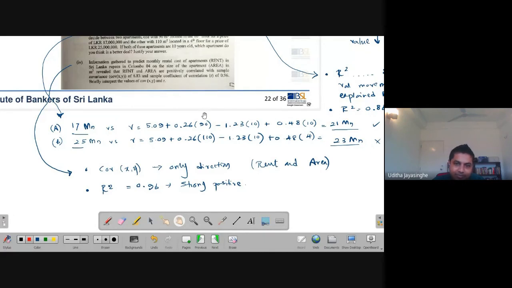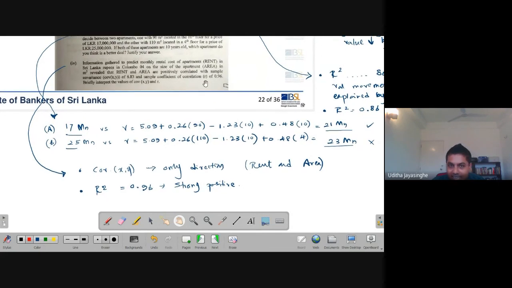Now see, this R and what we discussed as R square, the coefficient of multiple determination, are two different things. Look into the covariance: it is the rent and the area. It's typical, isn't it? If the area is higher, like 1,000 square meters, then the rent is going to be high.